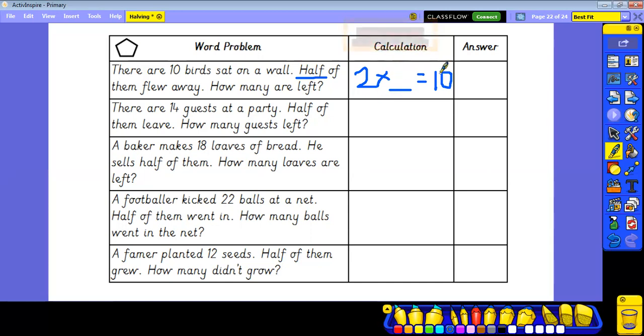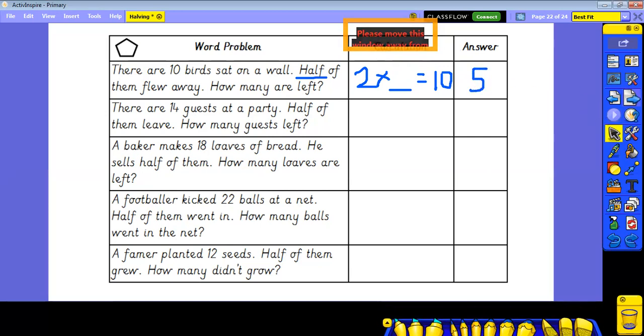Now, if you know what half of 10 is off the top of your head, fantastic. Just fill that in and write that in your answer column. If you don't, you can count in your 2s until you get to 10. 2, 4, 6, 8, 10, that's 5. So then my answer is 5. There are 5 birds left on the wall now.